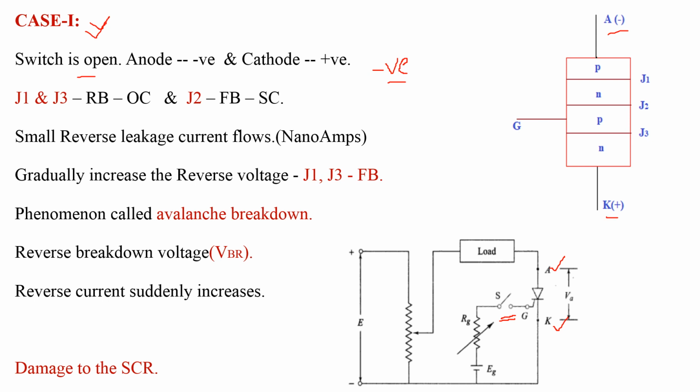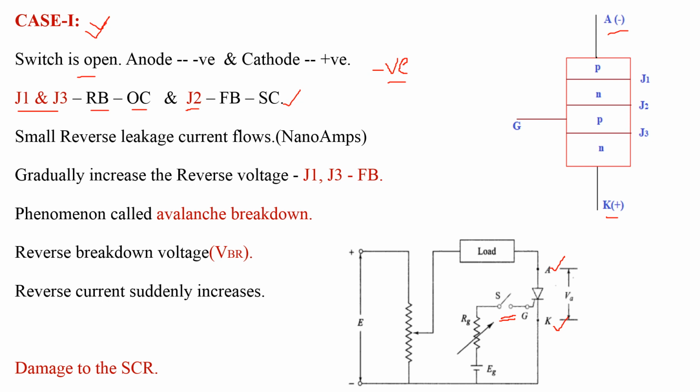Then junctions J1 and J3 come into reverse bias, which act as an open circuit. Similarly, junction J2 comes into forward bias, which acts as a short circuit. This concept we already discussed in the previous video, that is the working of SCR.